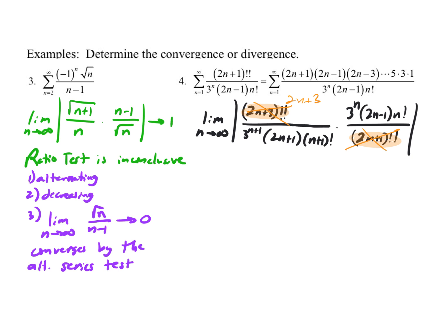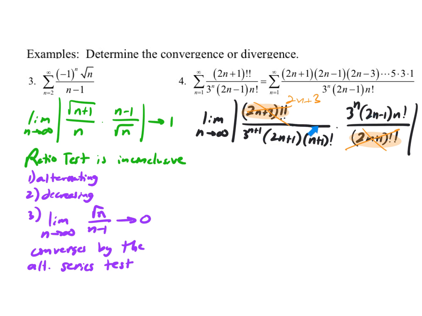Hopefully by now we've figured out that when I cancel the 3n and the 3n plus 1, I'm going to end up with a 3 on the bottom. And same with the n plus 1 and the n factorial. I'm going to end up with an n plus 1 on the bottom because the next one down is n, and they cancel. This is like n plus 1 times n factorial.